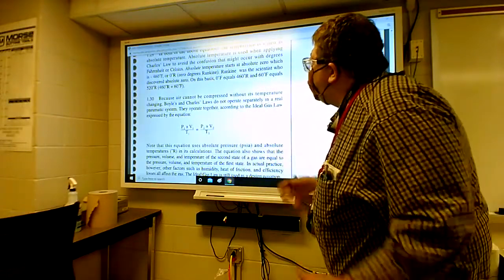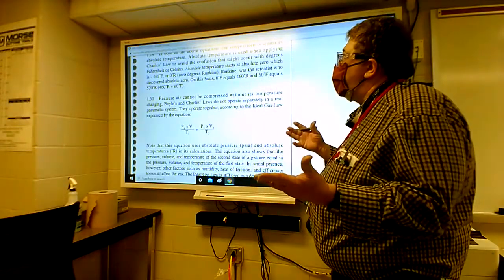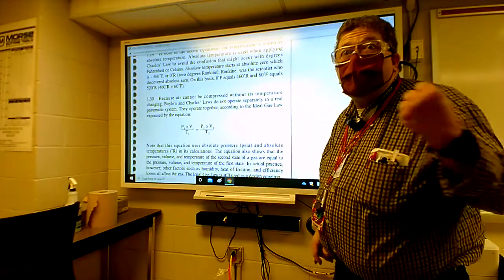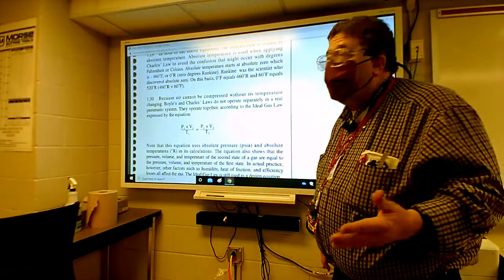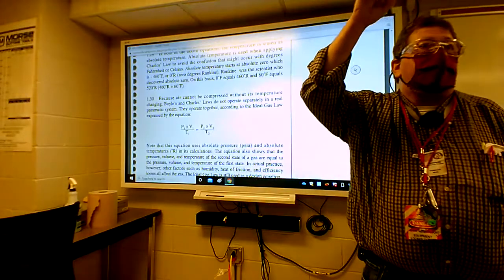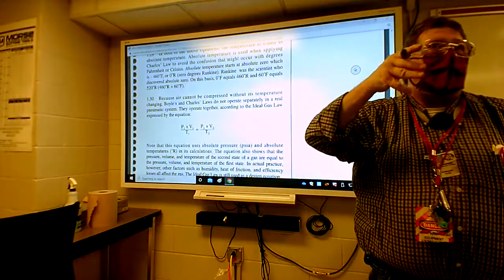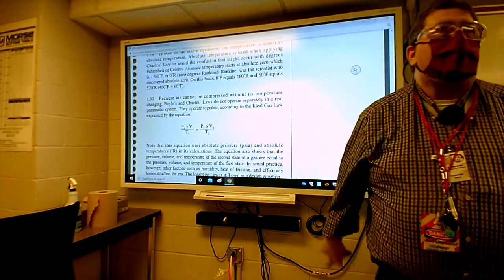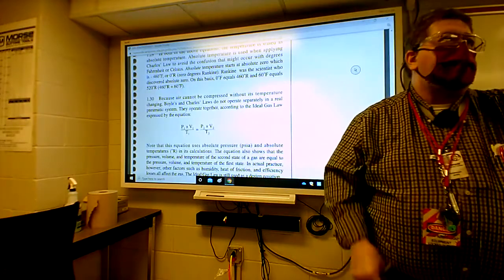Because air cannot be compressed without the temperature changing. That's a fact. When you compress it, it's going to get hotter. It's guaranteed to get hotter. There's an intercooler between the two compression stages up here on this compressor.